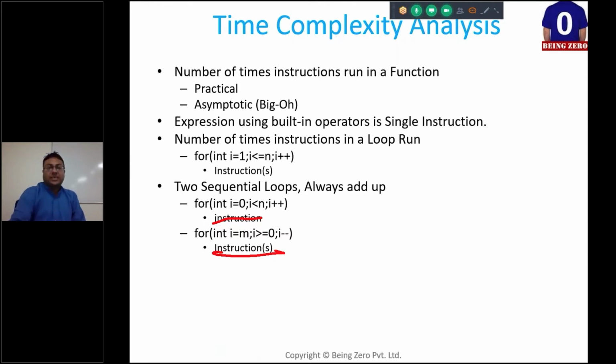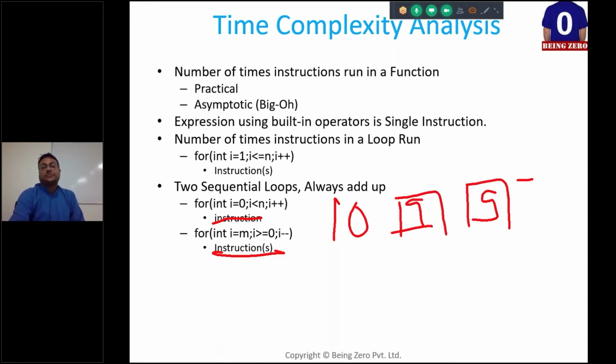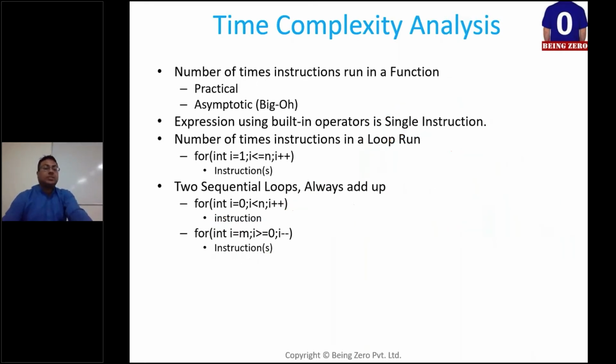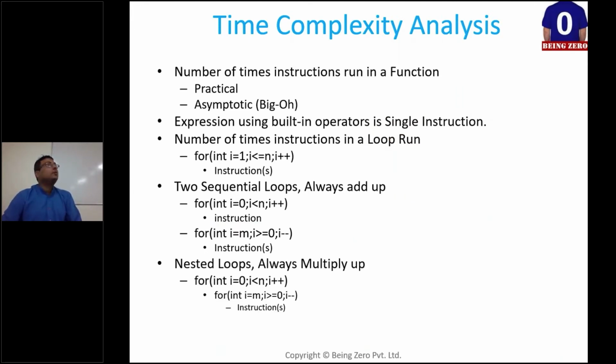If I say there are 10 rooms, each room has 9 chocolates, you go to the first room, eat chocolates, go to the second room, eat chocolates, then the third room. How many will you eat? If there are 3 rooms of 9, it is 27. If there are again 10 and 9, it will be multiplied. This is called nesting, and the earlier case is called sequential. When we have two sequential loops, they add up. When you have nested loops, a loop inside a loop, for the first room you go and eat everything, for the second room you go and eat everything, so in nesting we multiply.